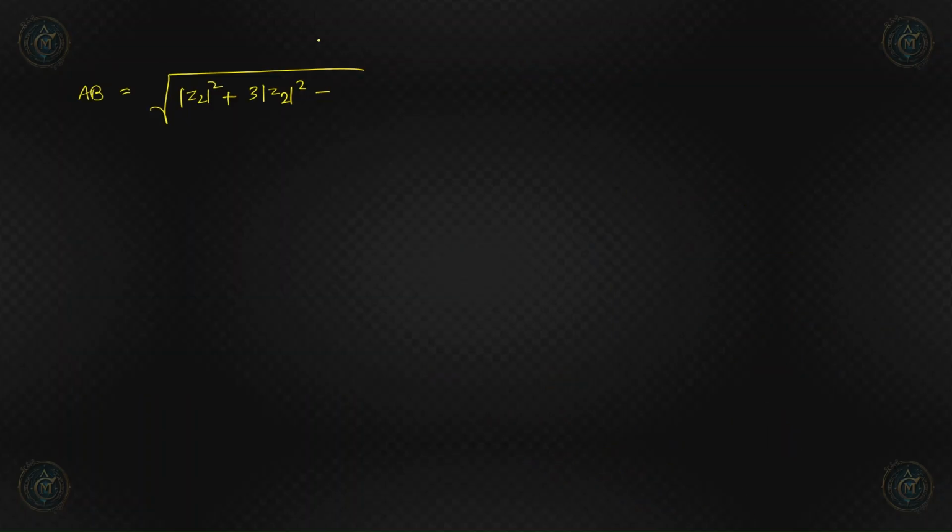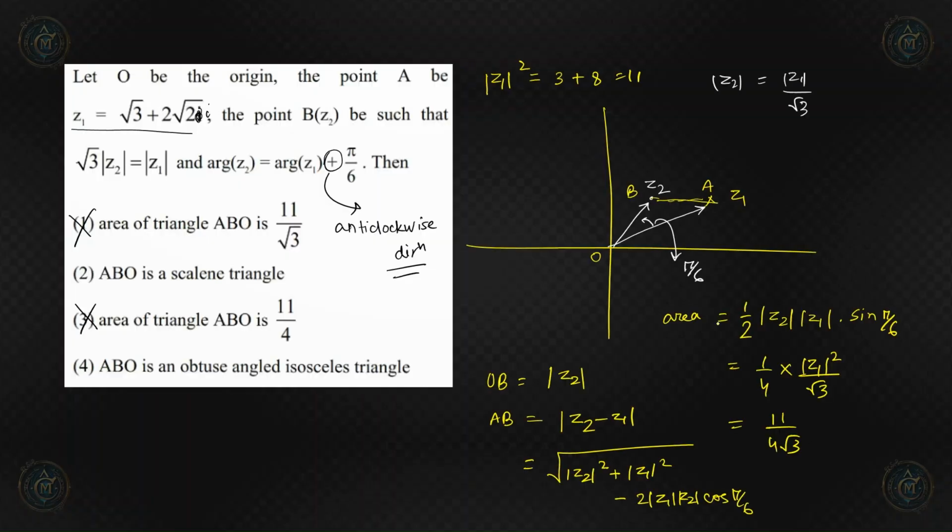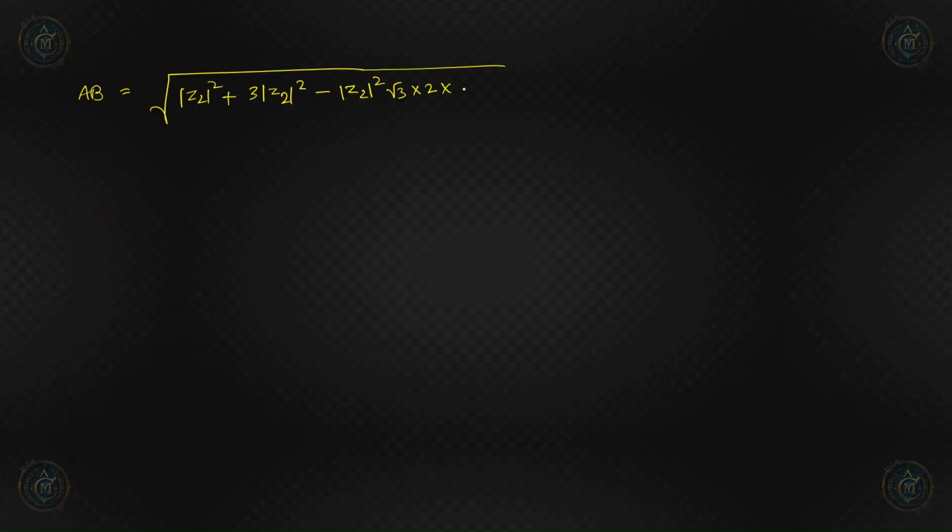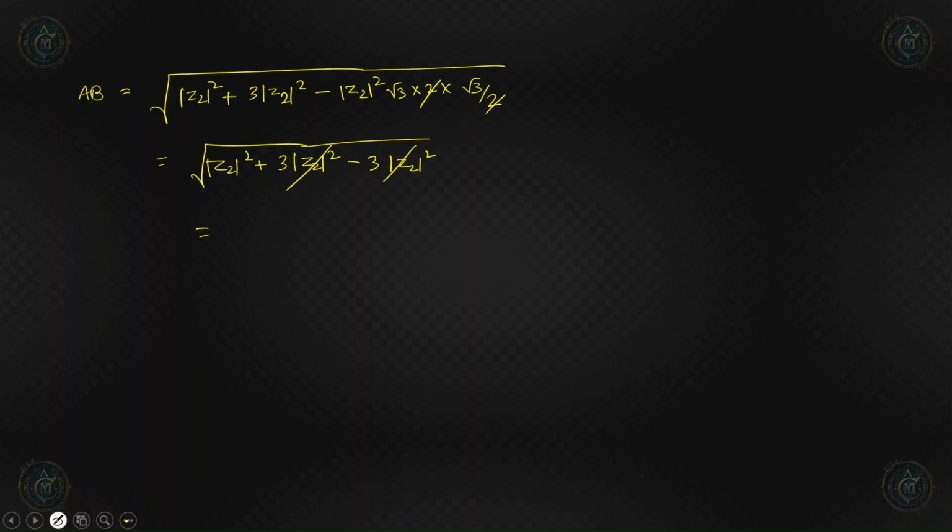So this becomes mod of z2 square times root 3 times 2 times the cos of pi by 6. So cos of pi by 6 we know it is equal to root 3 divided by 2, right? So from here it will be mod of z2 square plus 3 mod z2 square minus this, we get it will be 3 mod z2 square. Okay, so this and this cancel each other.